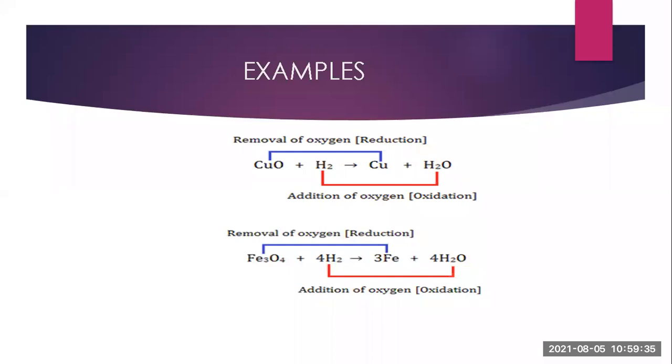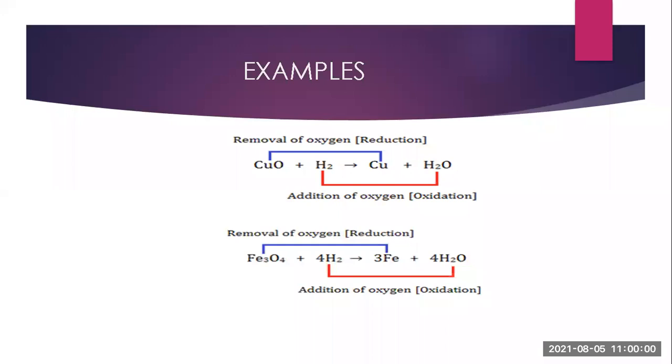The properties of oxidation are gain of oxygen and loss of electrons. So these are reverse processes. If any element or compound gains oxygen, it will naturally lose electrons. If any element loses oxygen, it will gain electrons.